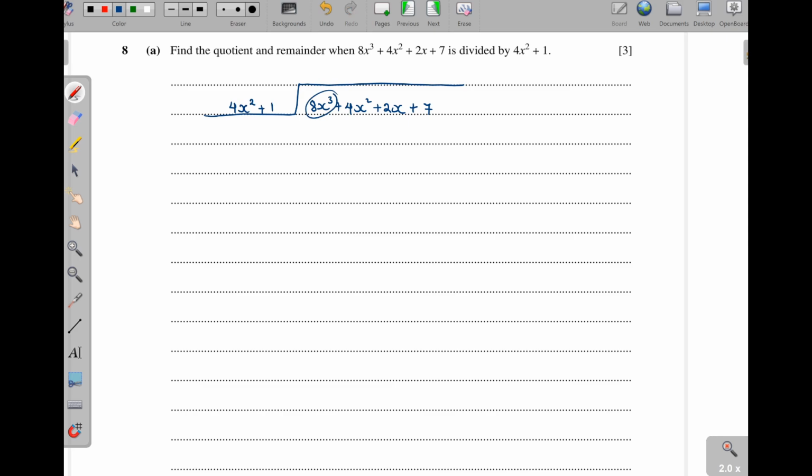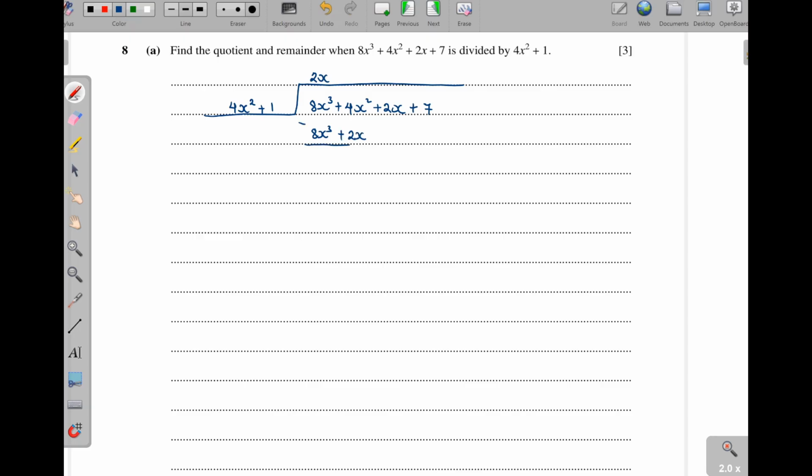So we have 4x, you just get the first divided by the first, the rest you multiply. So 8x cubed divided by 4x squared, you will get 2x, not so. Then now this times this, you automatically get this 8x cubed. Then 1 times the 2x, then you get the 2x, not so.